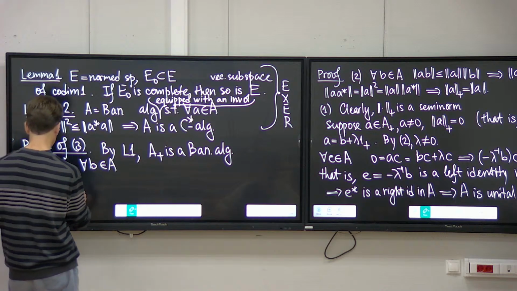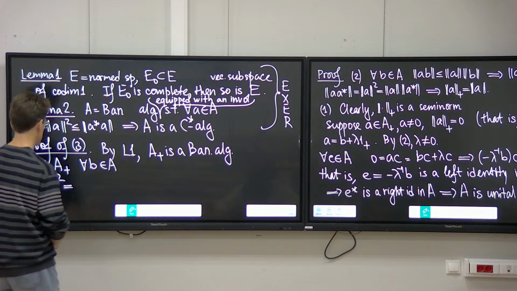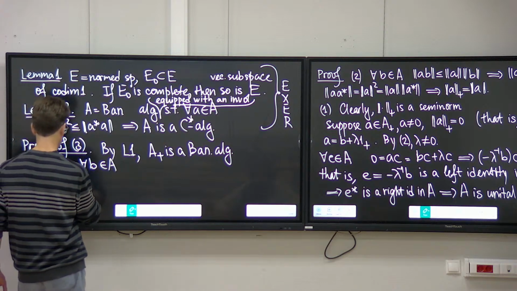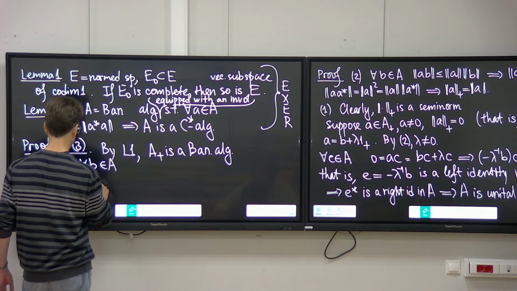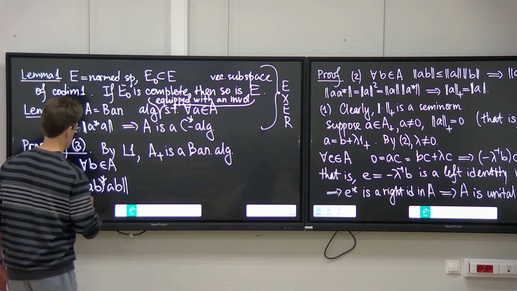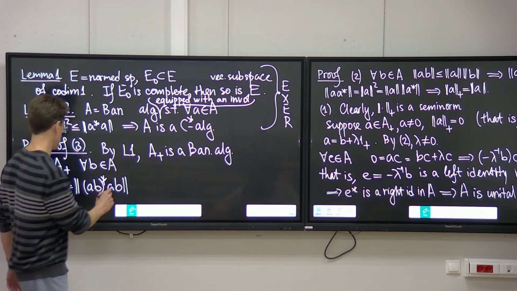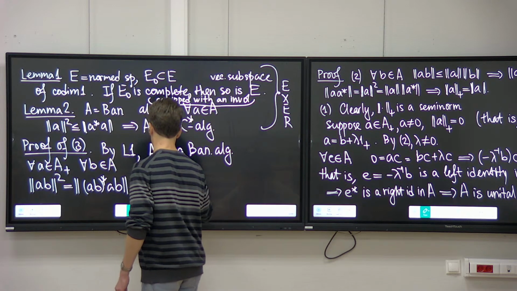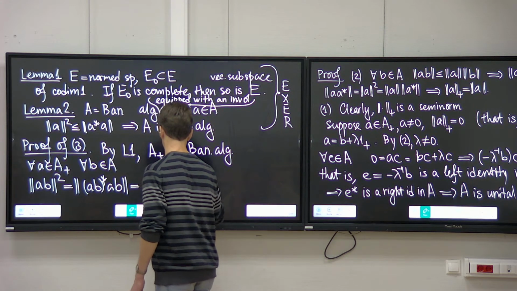So what is this? Since A is a C-star algebra, we can use the C-star axiom here. This will be equal to the norm of (ab) star ab. What is this? This can be written as b star a star ab.